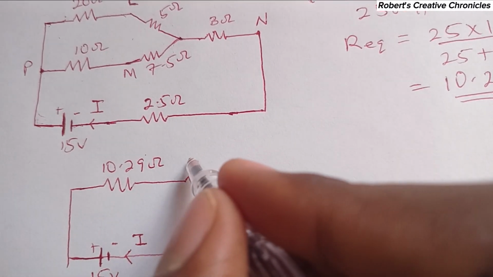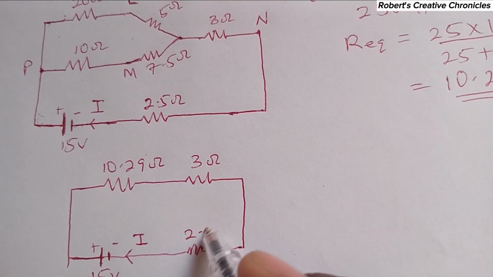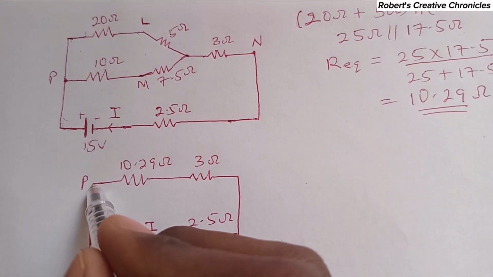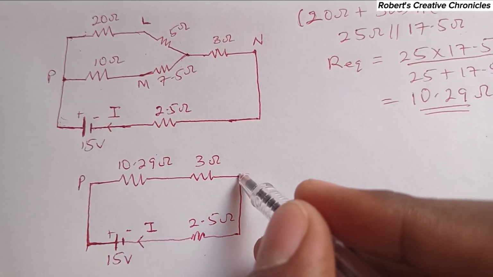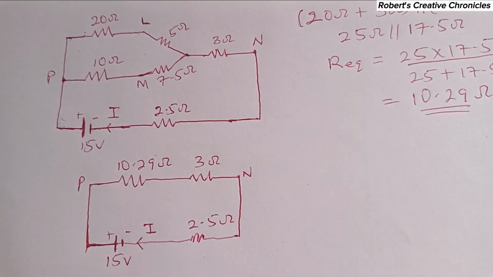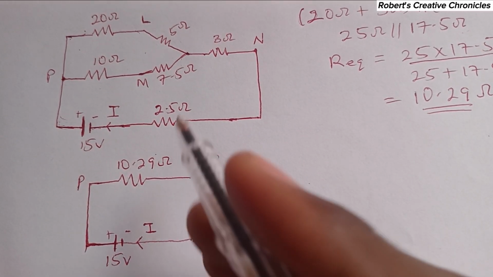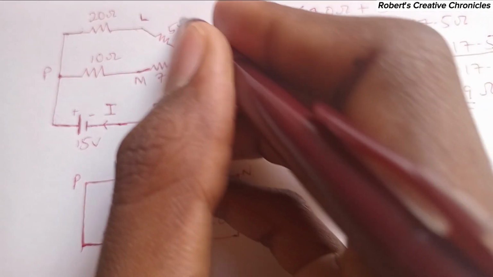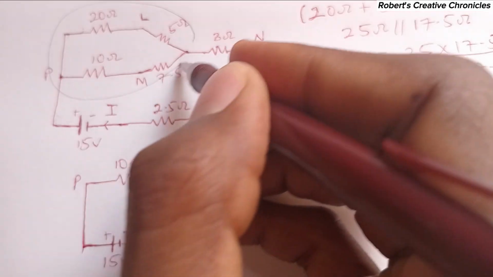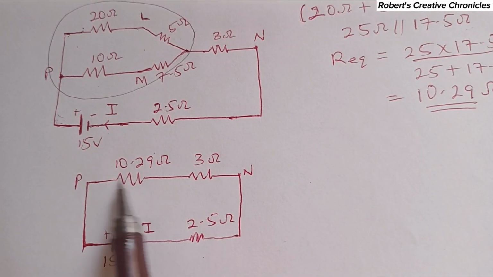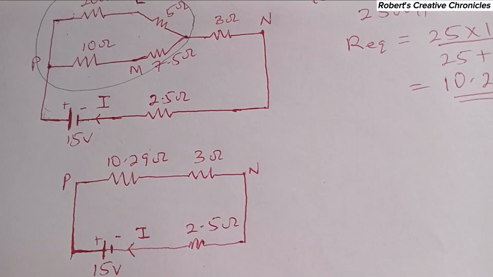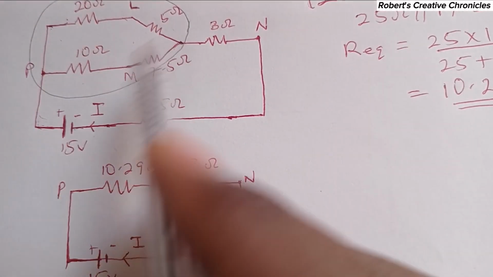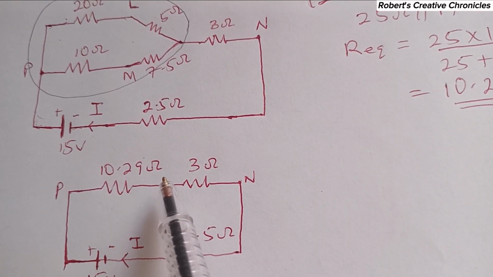This becomes 3 ohms. And here is 2.5 ohms. Now your P is here and your N is here. All this has been converted to this one. So all this gave us 10.29 ohms.